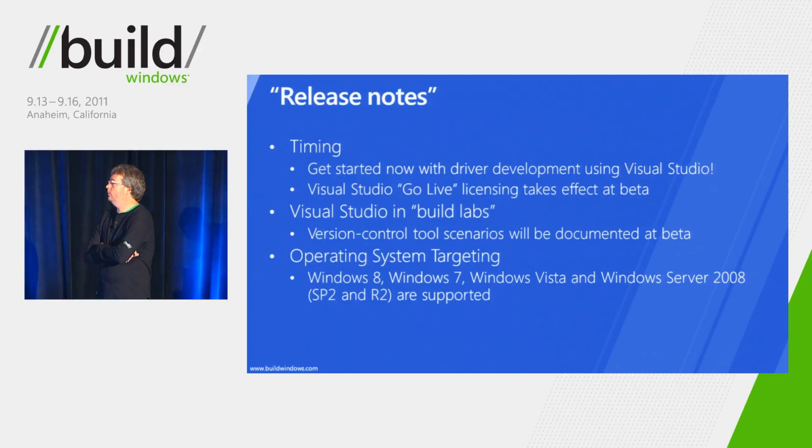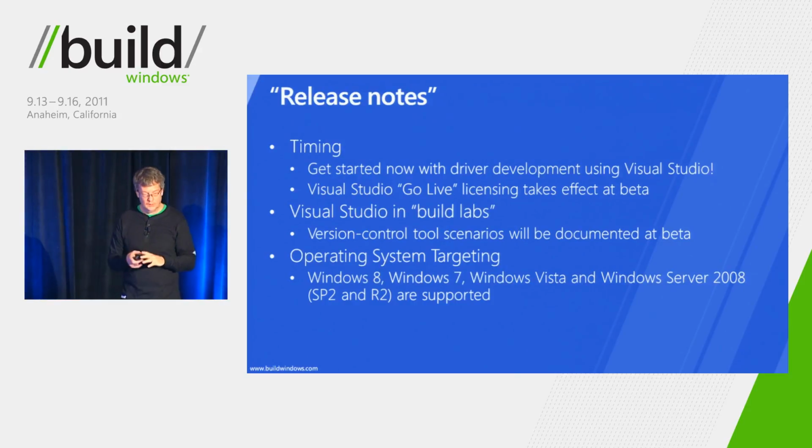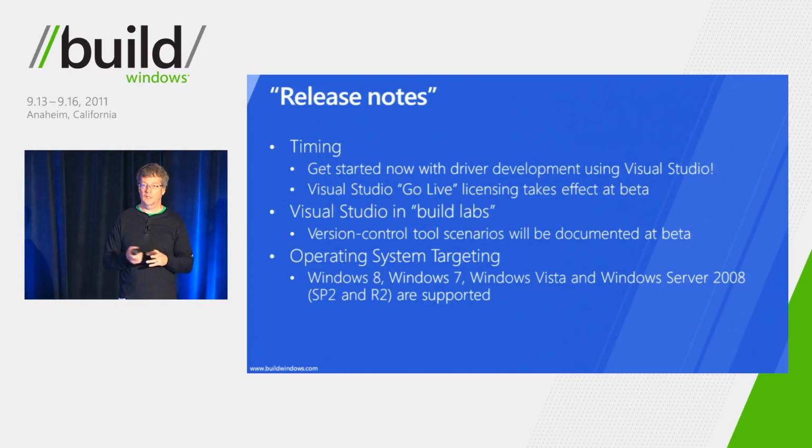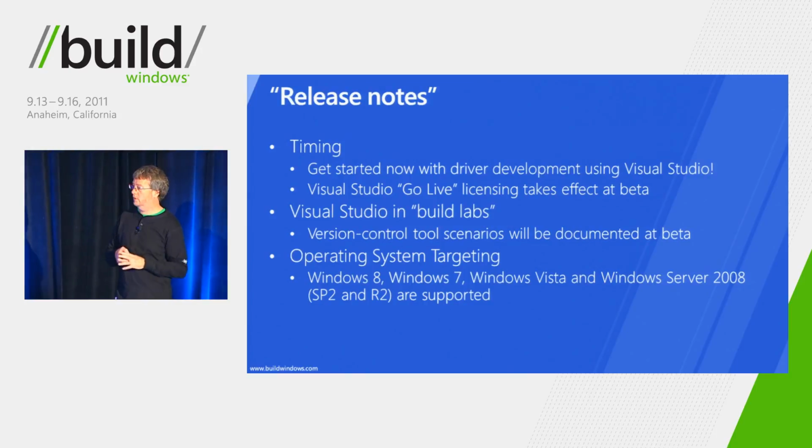So the kind of release notes detail in this is Visual Studio's on the stick. Please start playing with it. Let us know. There's an email alias coming up in a slide or two that will get mailed to Daron and me and some of the test guys on our team.